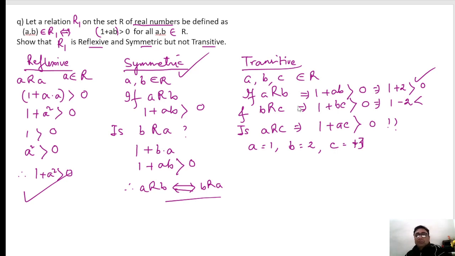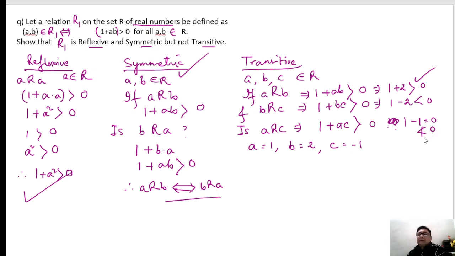If I choose positive numbers definitely it will happen, but if I choose negative numbers, because it is a real set, we have to choose numbers from the real set. If I choose negative numbers, what will happen? See, this is coming less than 0, right? And this will be 1 minus 1, which is coming 0, which is not greater than 0.